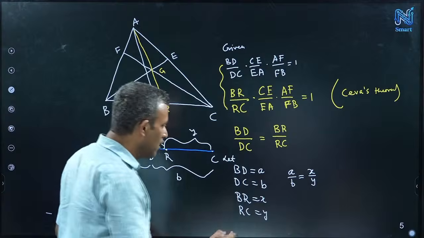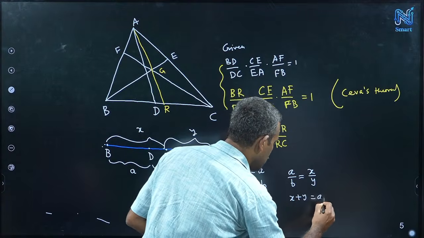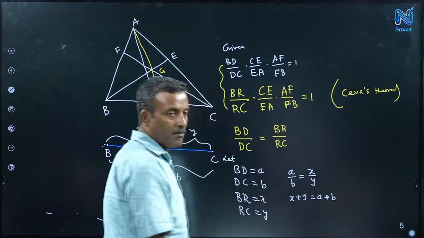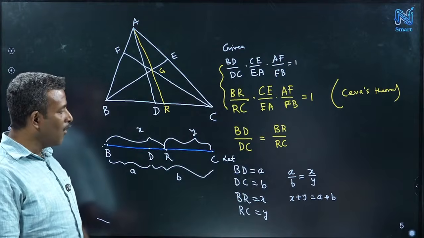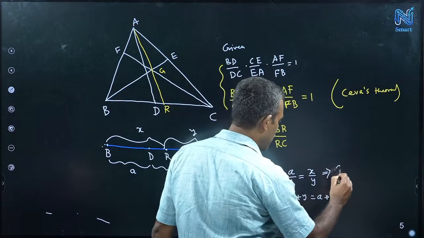Right, very good: X plus Y is equal to A plus B. Now we can easily show that. We add 1 to both sides.